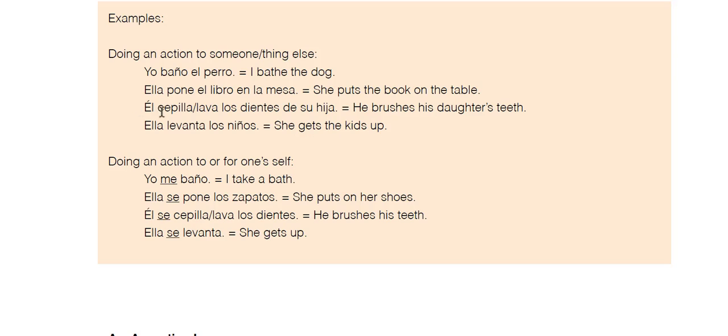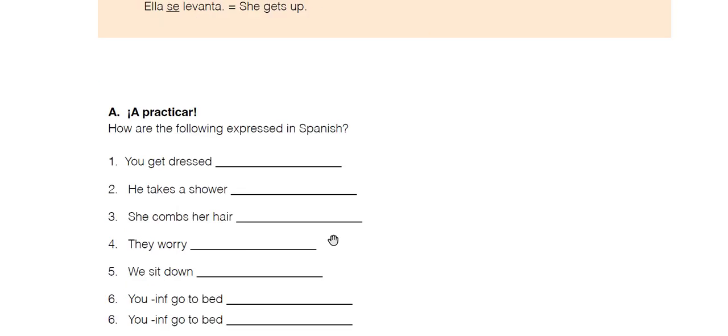Él cepilla or lava los dientes de su hija, so he brushes his daughter's teeth, versus él se cepilla or se lava los dientes, he brushes his own teeth. And the final example, ella levanta los niños, she gets the kids up in the morning, versus ella se levanta, she gets herself up, wakes up. Anyway, so there are some examples with that.